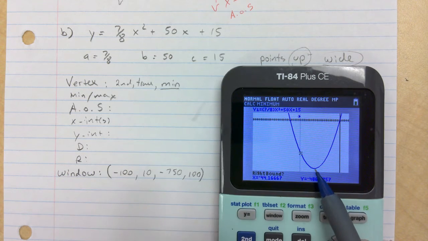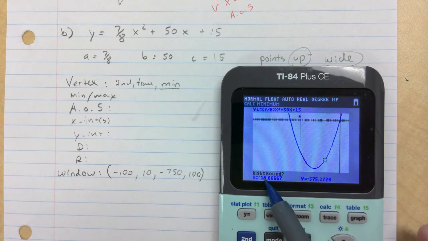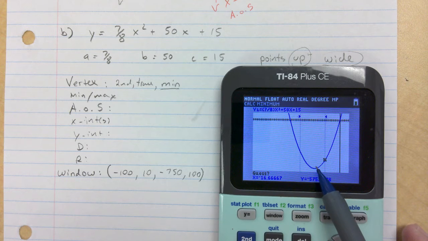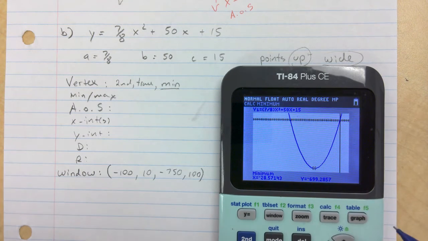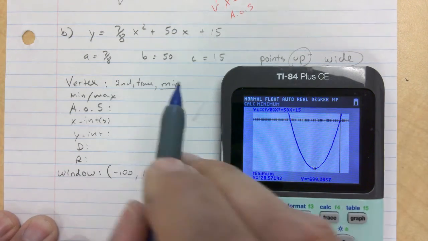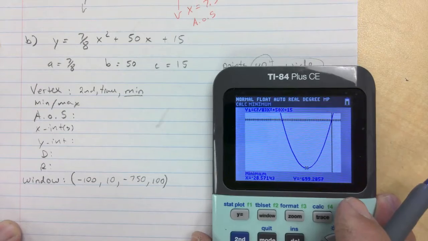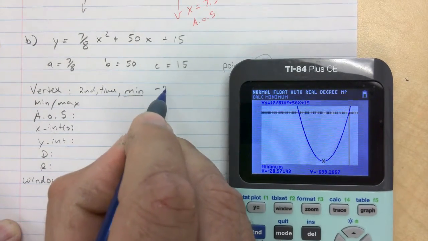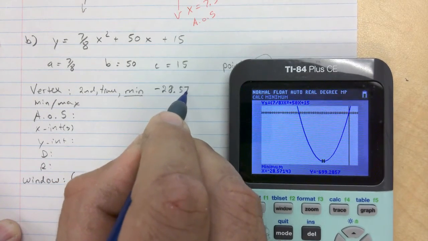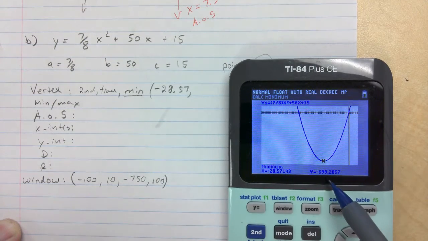And then we're going to go to the right. So I'm just going to press and hold. Now we are to the right of it because that's what it's asking you to do. Enter and enter one more time. So it's negative 28.57, right? And it's negative 699.29.